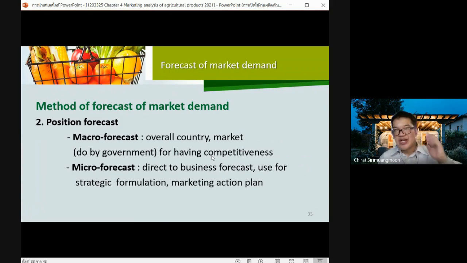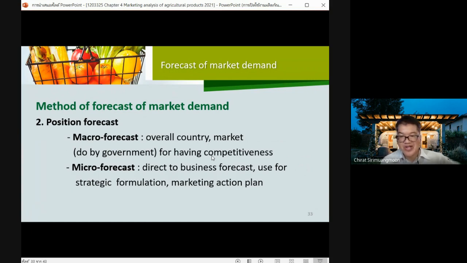As I know, we are the second leading rice exporter in the world, followed by Vietnam. Vietnam has been second and third place, but Vietnam uses some strategies, such as reducing the price. So I would say the Thai rice industry might need to do something because we will lose market demand in the future if the situation stays like this. So this is how we can use the macro forecast.